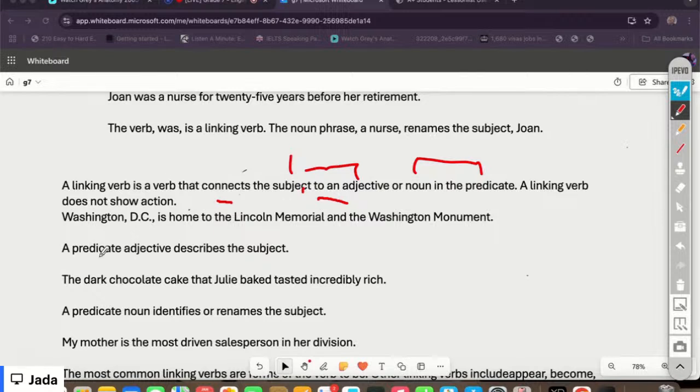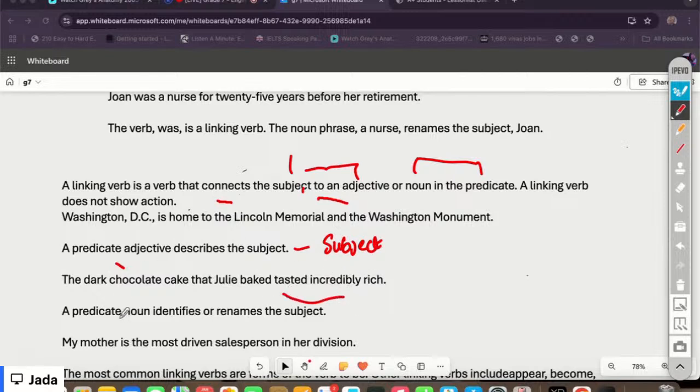Okay, we have "Washington D.C. is home to the Lincoln Memorial and the Washington Monument." Now, a predicate adjective describes the subject. So when you have a predicate adjective, it describes the subject. And then "a dark chocolate cake that Julie baked tasted incredibly rich."